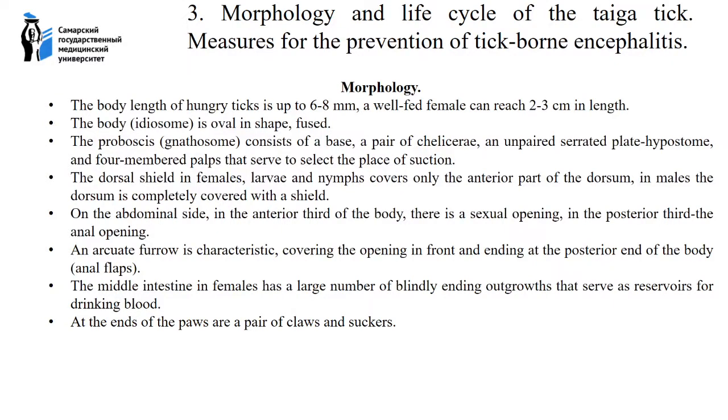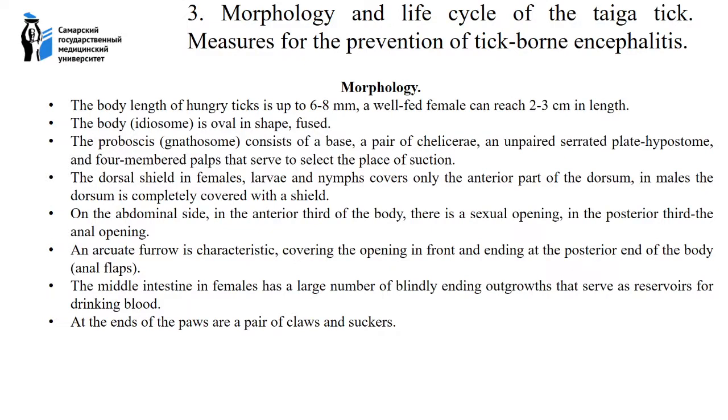The dorsal shield in females, larvae, and nymphs covers only the anterior part of the dorsum.